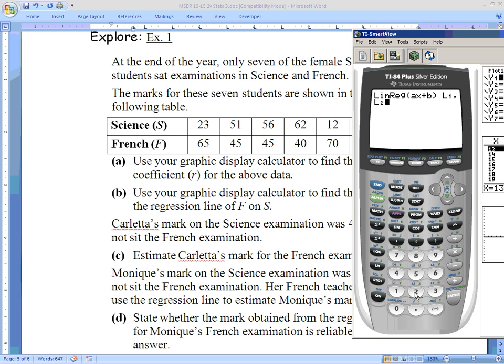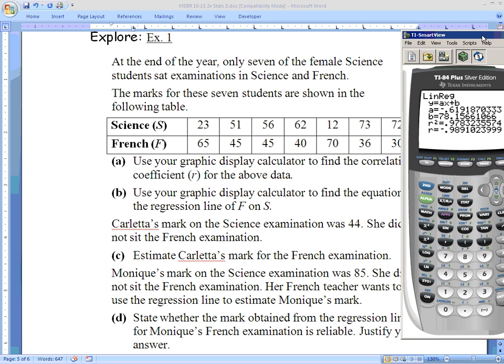But otherwise, you don't have to do that if you've already done it once. I hit enter, and I get some values here. The one that we were asked about is the correlation coefficient, the R value, and I see that right here. So our R value is negative 0.989.